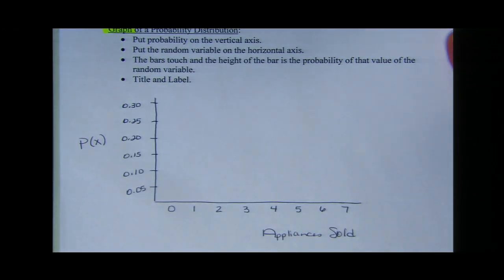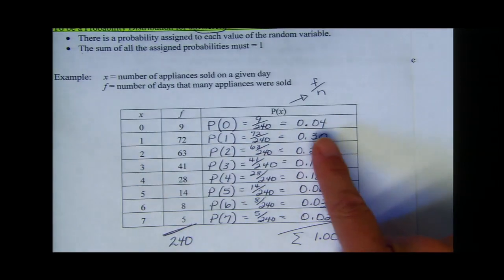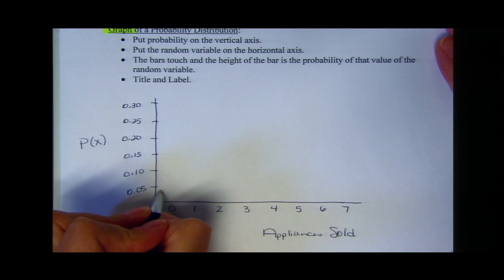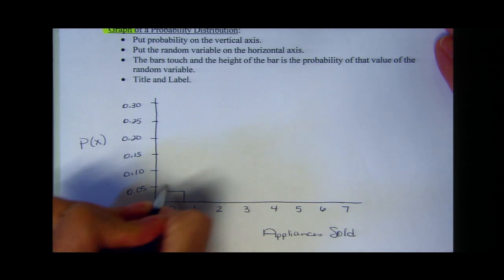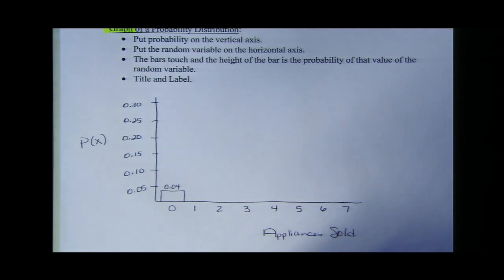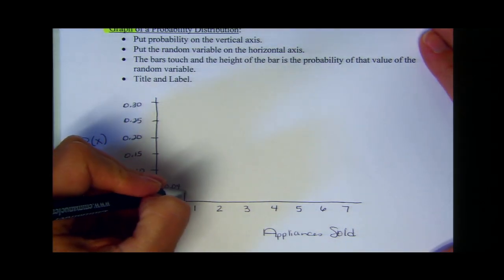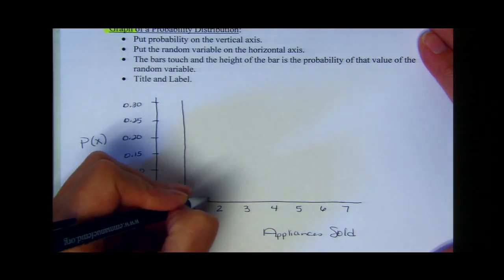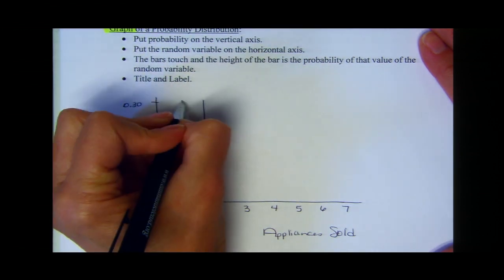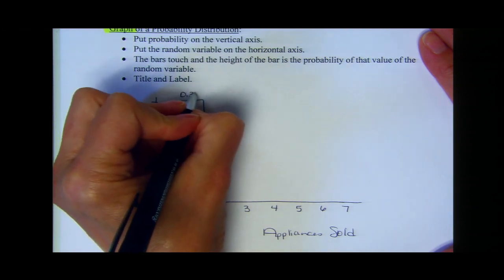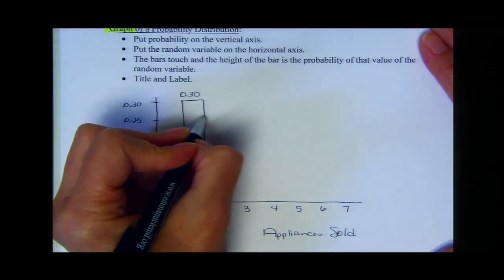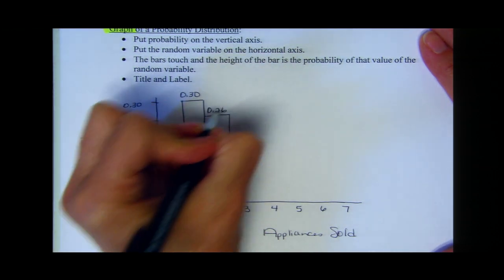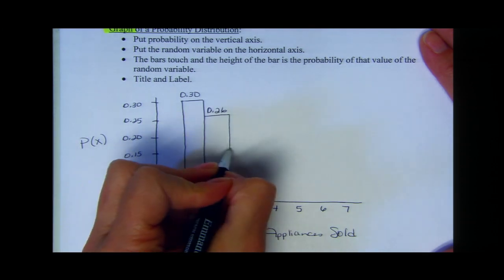So I'm going to go back, and each one of these will be the height of their bar. For 0, we have 0.04. And then we have 0.30. So this goes way up here. 0.26. 0.17.